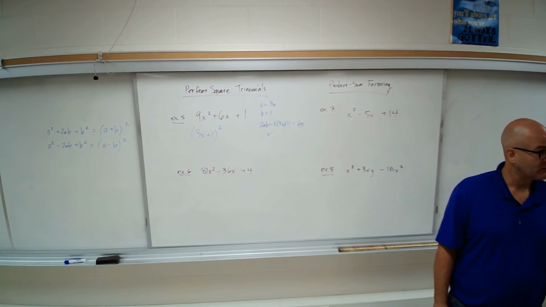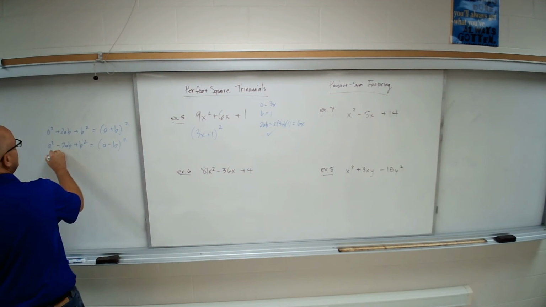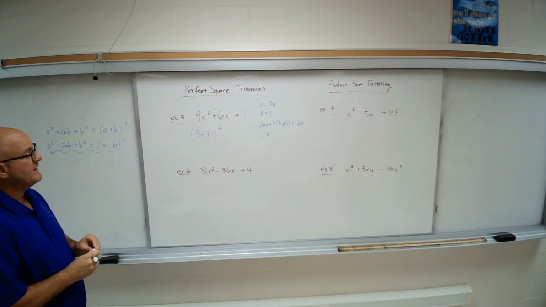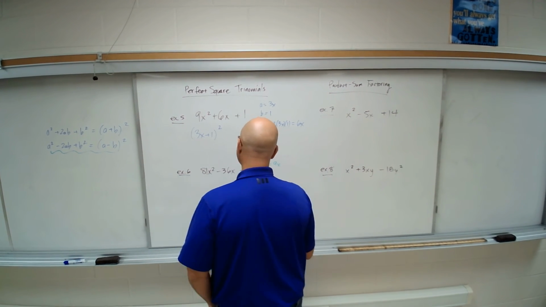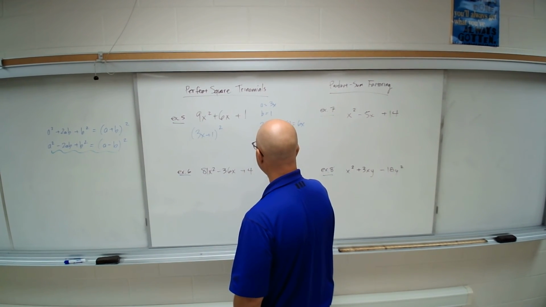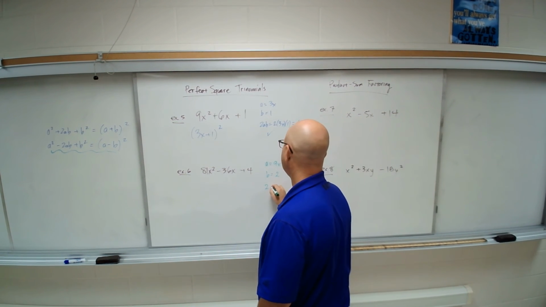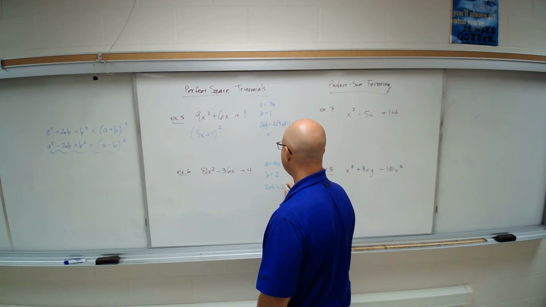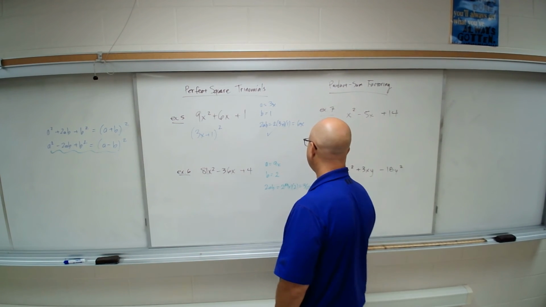Those are both perfect squares. If it fits, it's going to fit this pattern here. So that means that A, we're assuming, is 9x. B, we're assuming, is 2. So we need to check, what is 2ab? Well, that'd be 2 times 9x times 2, which would be 36x.